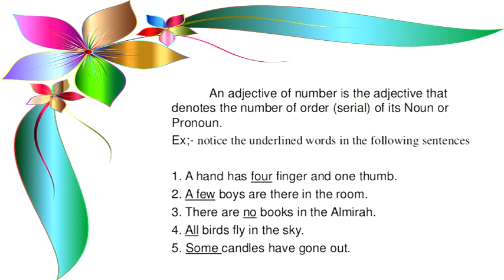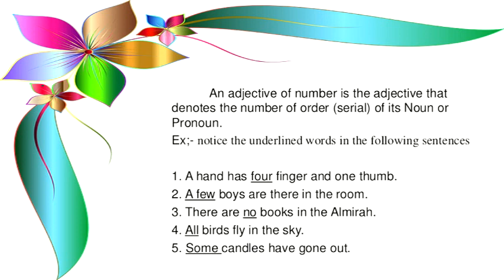And when we have words like a few, no, all, some, several, many, most, in these cases we have to see whether they are used for a countable noun or not. If these words are before countable nouns, then they become adjective of number.